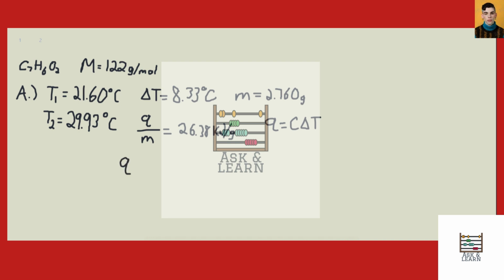So Q is equal to 26.38 times 2.760, equal to 72.8 kilojoules.